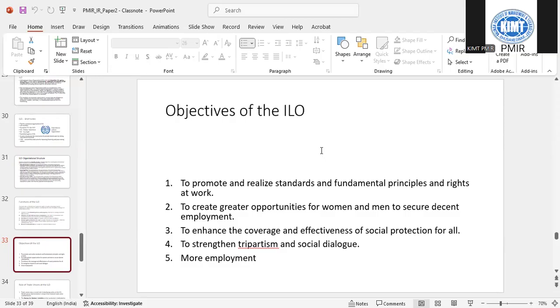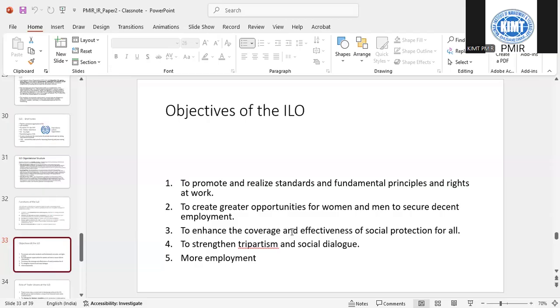That kind of promotion, that kind of opportunity ILO is creating for the women employee to enhance the coverage of effectiveness and social protection of all. Social protection is the facility given after retirement, or suppose a person cannot work, what kind of benefits that person will get.